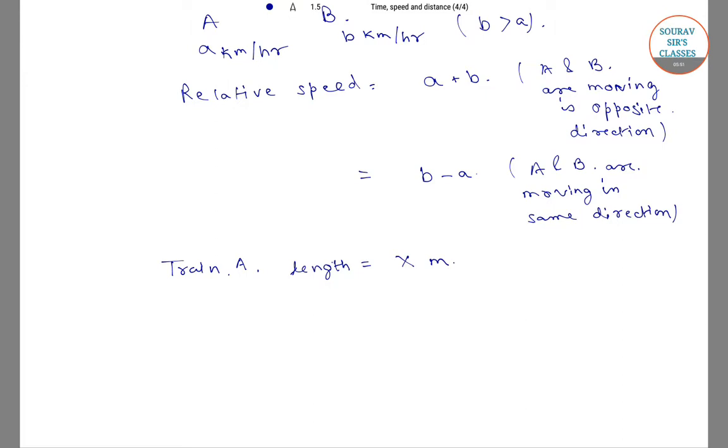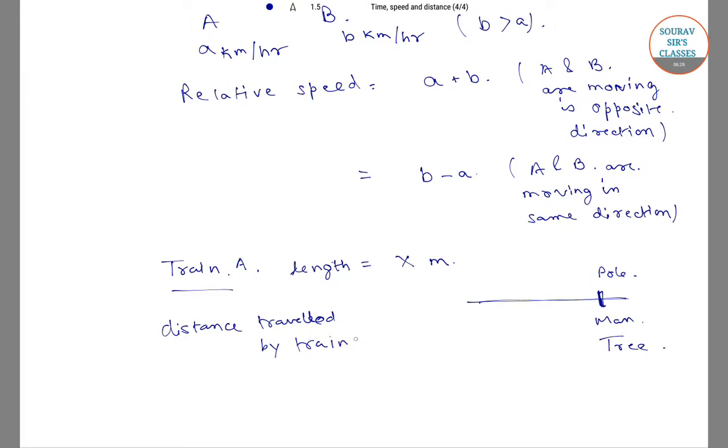Then if that train passes a single pole or a man standing or any other object like a pole or a man or a tree, etc., then the distance travelled by the train is equal to its length, that is x meters.